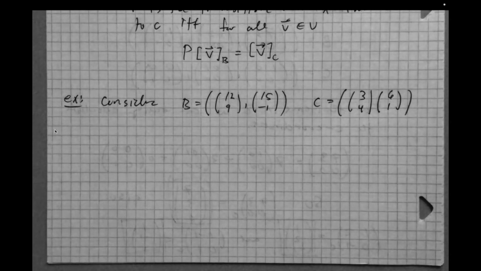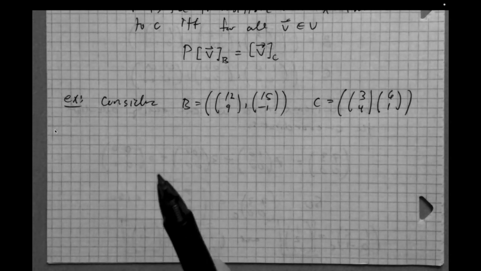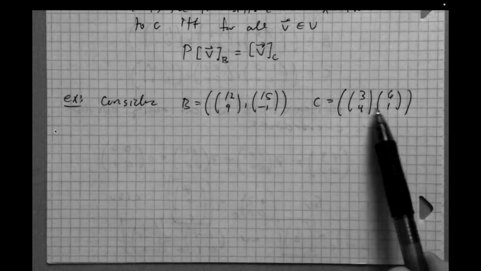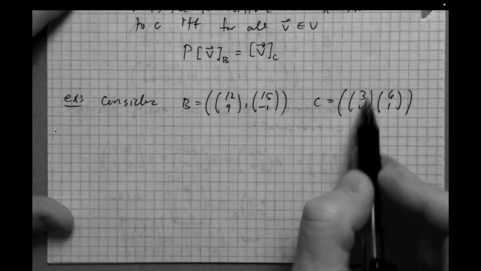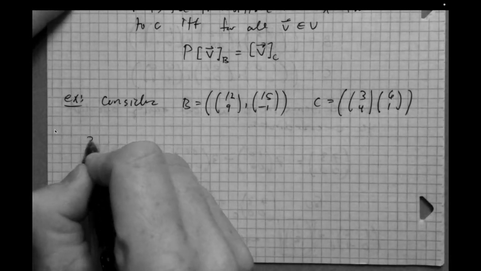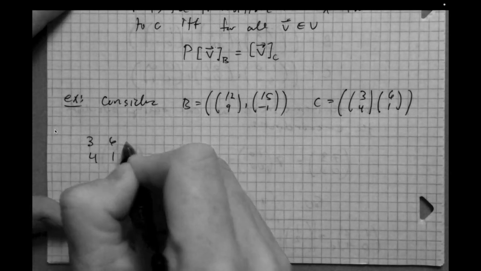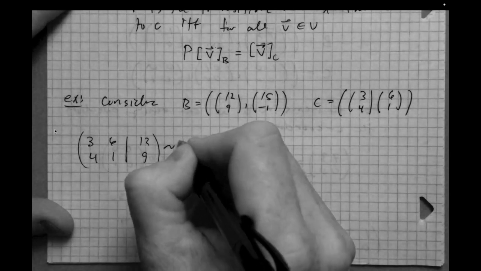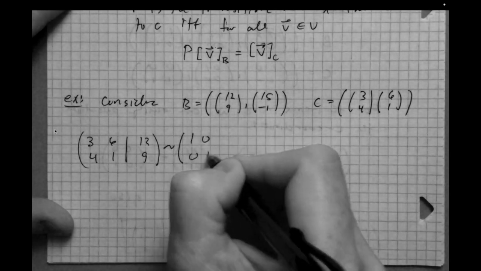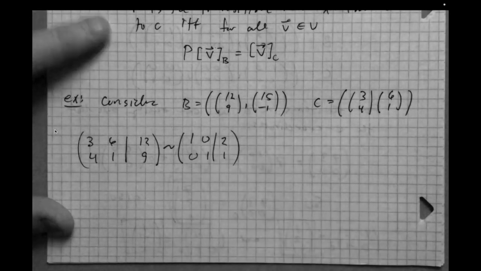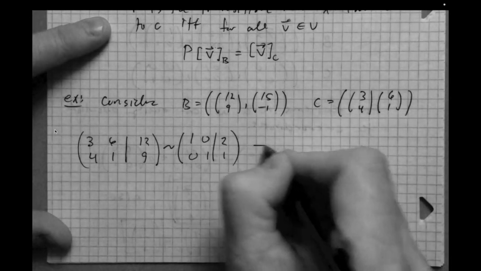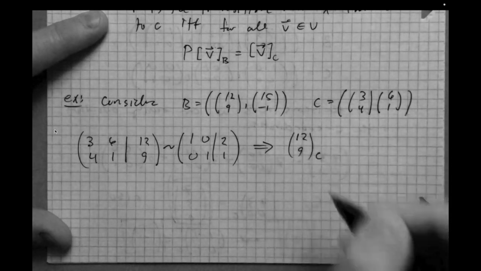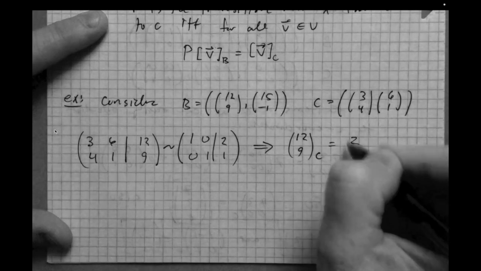Okay, so if I want to coordinatize this guy in terms of C, I can set up an augmented matrix, 3, 6, 4, 1, and then 12, 9. And I can row reduce that, and I get 1, 0, 0, 1, 2, 1. Okay, what does this mean? Well, that implies that 12, 9 coordinatized in C is equal to 2, 1.